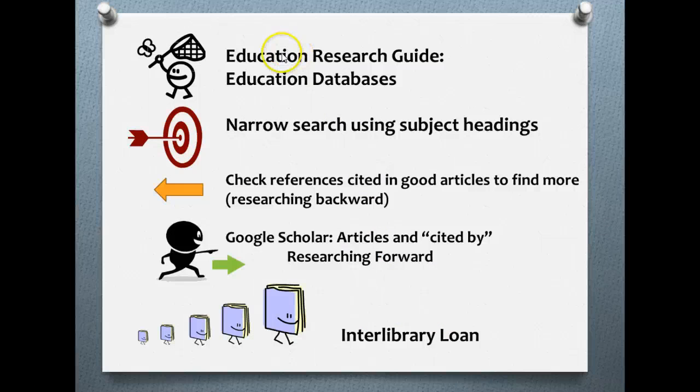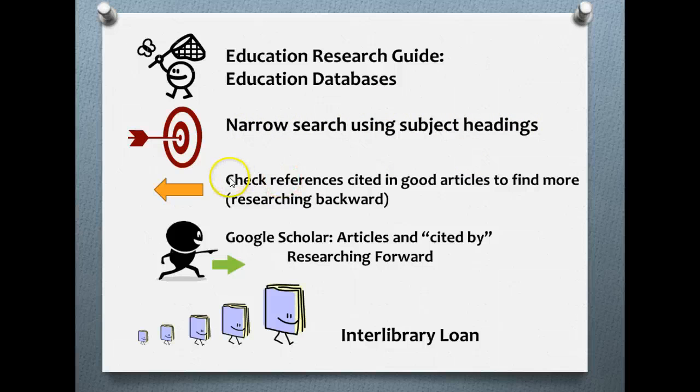Okay, so to sum up, I went to the Education Research Guide, used the best education databases, started out with some basic keyword searches, and then looked at the subject headings so I could focus my search. Try a different combination of those. Sign into your folder so you can be keeping track of what you find.